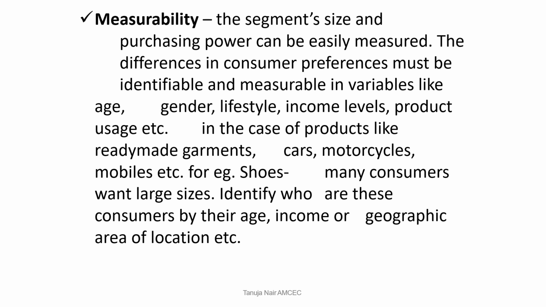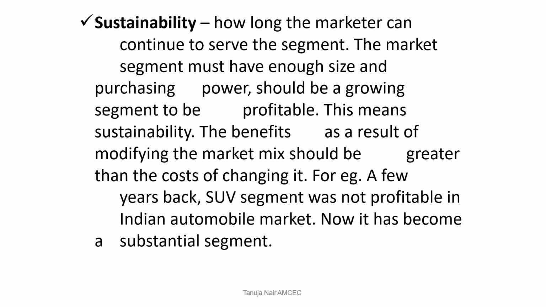So their demand for products will continue. That will give more business to the marketer. So measurability is the second thing which should be there in the market. It should be heterogeneous, it should be measurable, then only effective segmentation can happen.